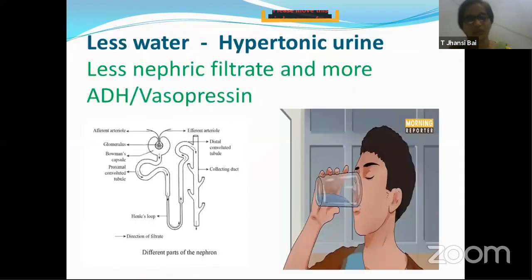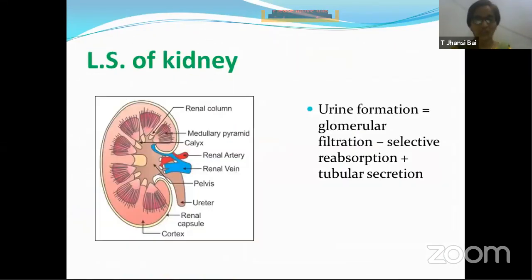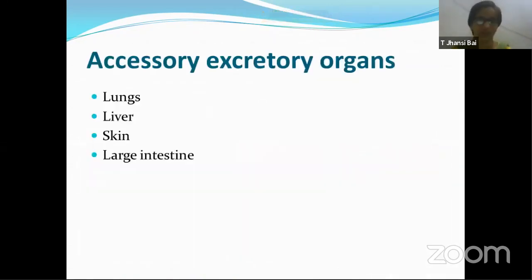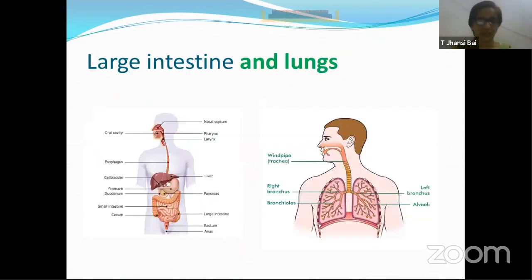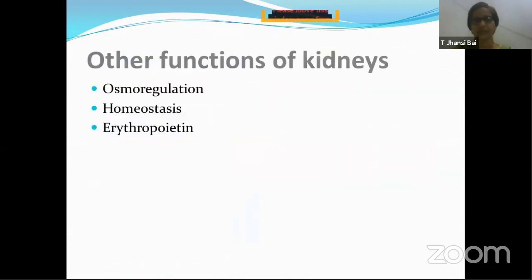But for today, what we have understood so far: what the countercurrent mechanism is, definitions, how it takes place, why it is important; then the excretory organs and their main functions; the ornithine cycle, whose four important steps we have covered. We understood that the kidney performs other important functions besides excretion.